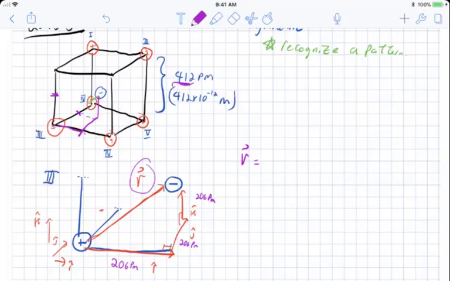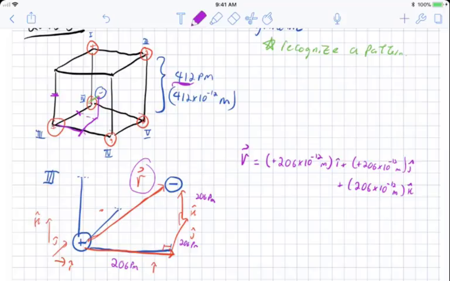So in this case, it's going to be plus 206 times 10 to the minus 12 meters in the i hat direction, plus 206 times 10 to the minus 12 meters in the j hat direction, plus 206 times 10 to the minus 12 meters in the k hat direction.